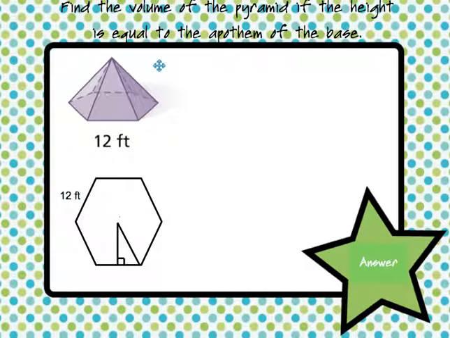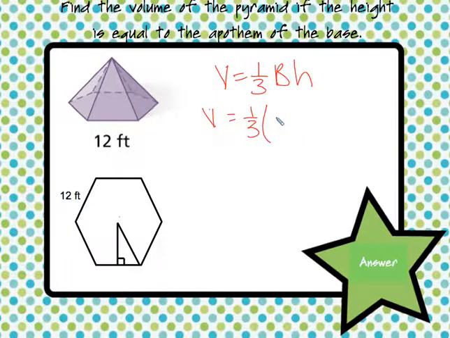Okay, find the volume of a pyramid if the height is equal to the apothem of the base. So first we got to find the apothem. So volume is 1/3 area of the base times the height, and if the base is a regular polygon, then volume is 1/3, then we have 1/2 perimeter times apothem, then times the height.